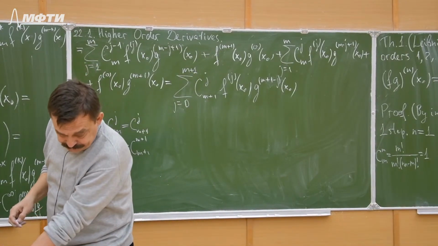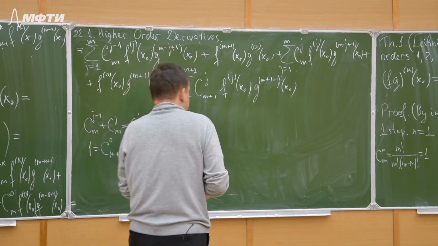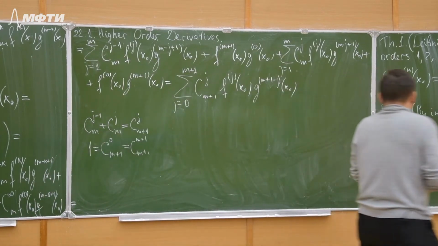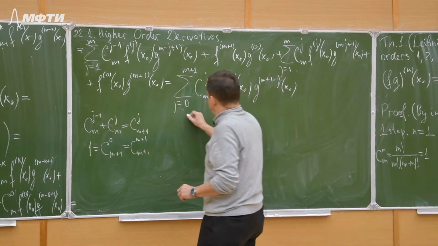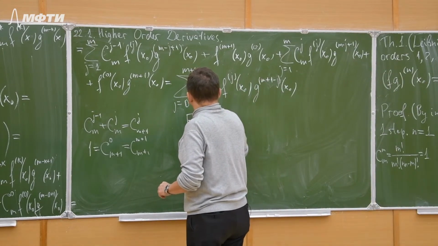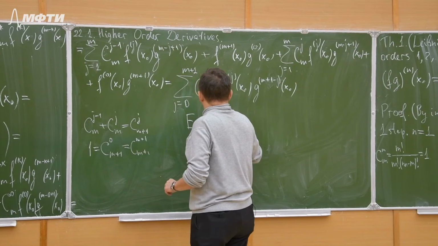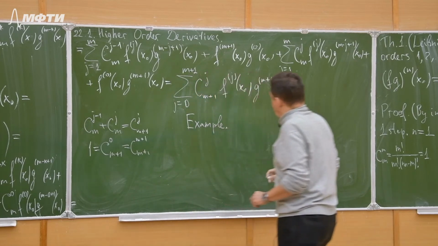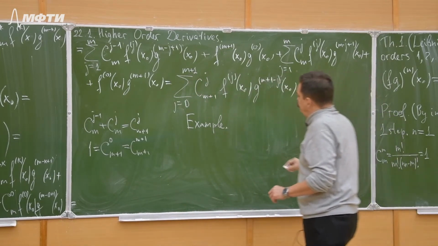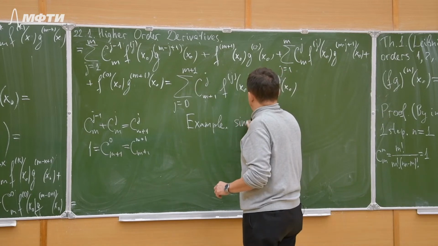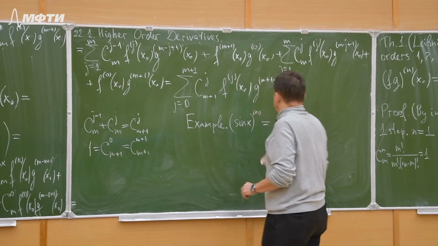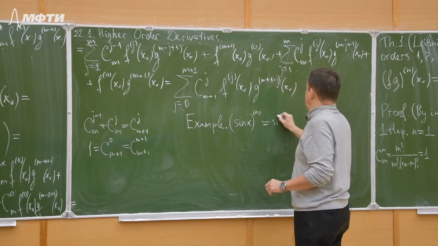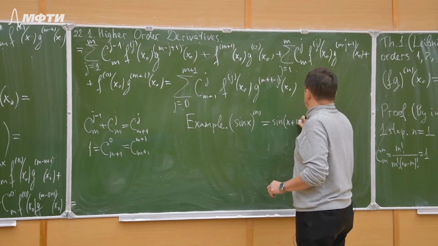Okay, maybe I would like to give more examples. So let us write a formula for the nth derivative of sine and cosine.